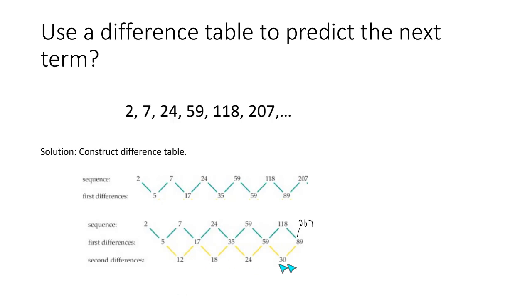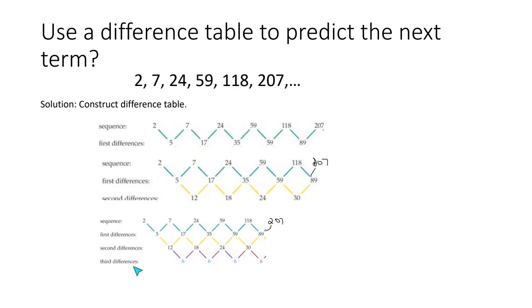So again, we see here that these are not the same, so maybe a third difference would help us. So if we go with a third difference, 18 minus 12 is 6, 24 minus 18 is 6, 30 minus 24 is 6, and so now they're the same, so we can work back up to figure out the answer.